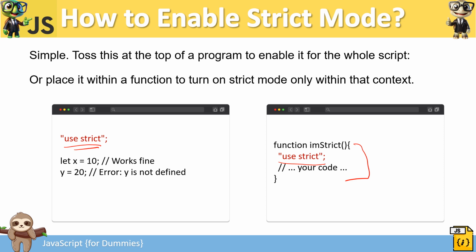Fine. So in this case, for example, if I write let x = 10, this would work fine. But if I write y = 20, this will generate an error as y is not declared. So use strict will ensure that you always use let to declare your variables. If you do it without it, it will generate an error.